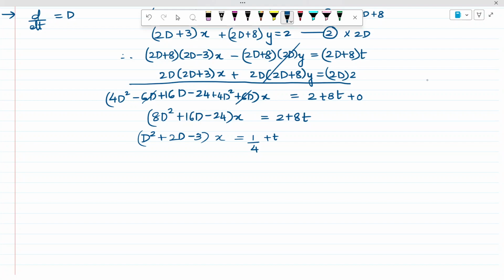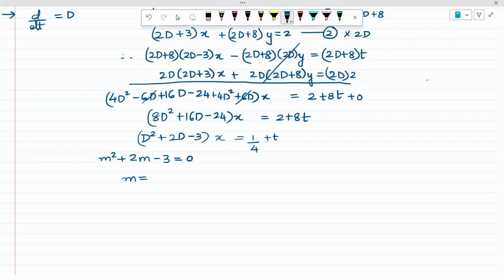For the complementary function, we consider the auxiliary equation, which is m square plus 2m minus 3 equal to 0. What are the roots here? m is equal to 1 and m is equal to minus 3.